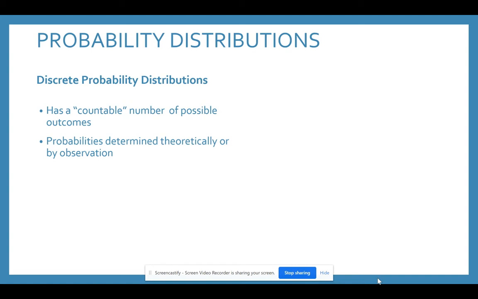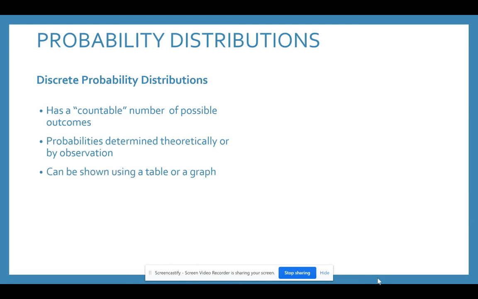Or you can also do it by observations, where you perform the experiment a number of times, like 1,000, 2,000, 3,000 times, and you base that probability on your observation.